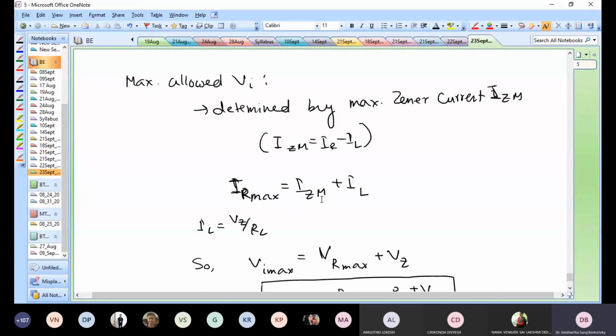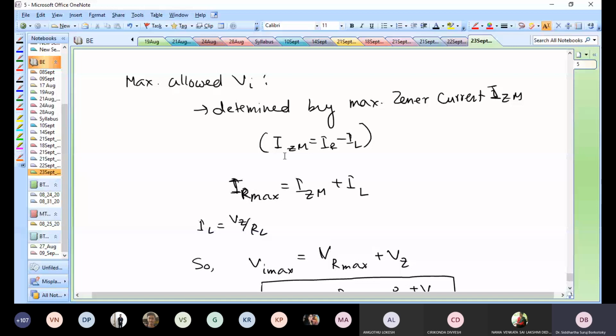And then there is the maximum allowed Vi as well. Whenever you are trying to find some maximum value, you first see what is the maximum Zener current flowing. The maximum Zener current would be IZM, and for that IZM there will be some IR and IL.